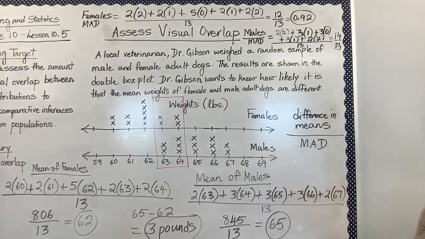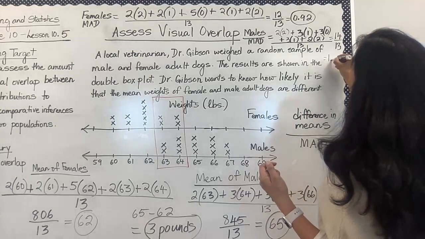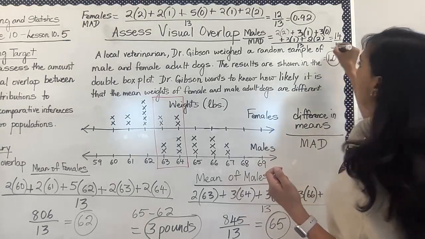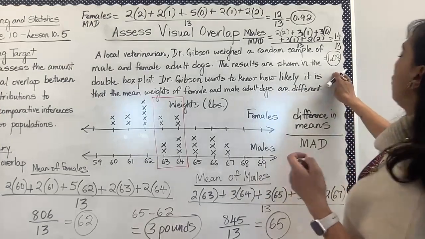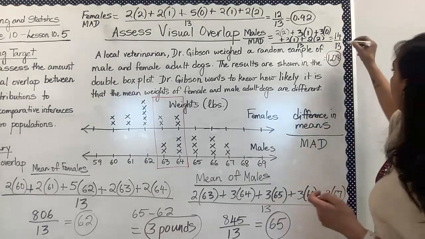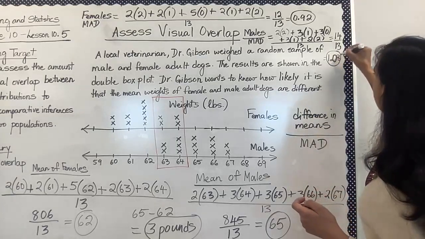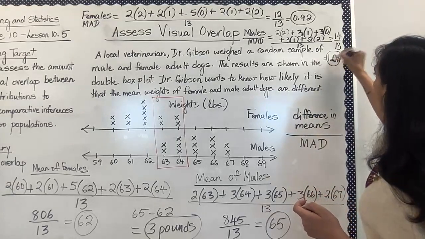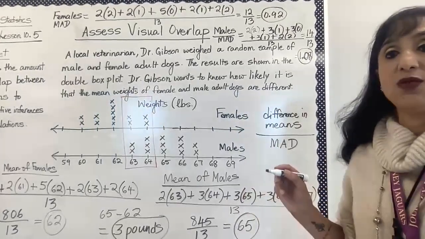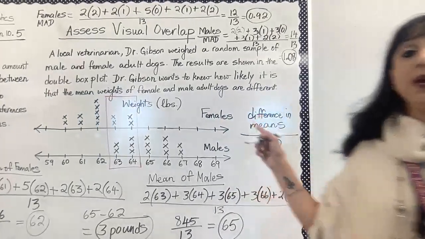So my mean absolute deviation for the males is about 1.08, and the mean absolute deviation for the females is about 0.92.